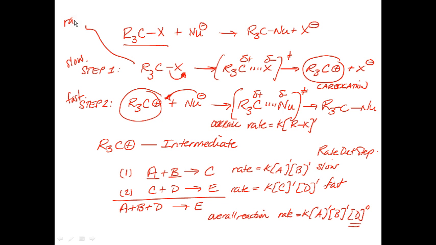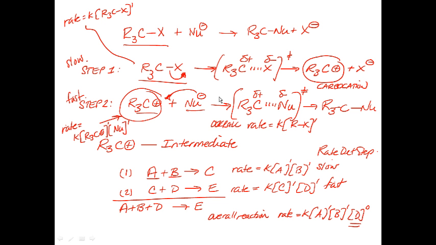It would be rate equals K times concentration of R3CX to the first power, because one molecule dissociates in that step. What would the rate equation be for step 2? Rate equals K times concentration of carbocation intermediate to the first power times concentration of nucleophile to the first power.